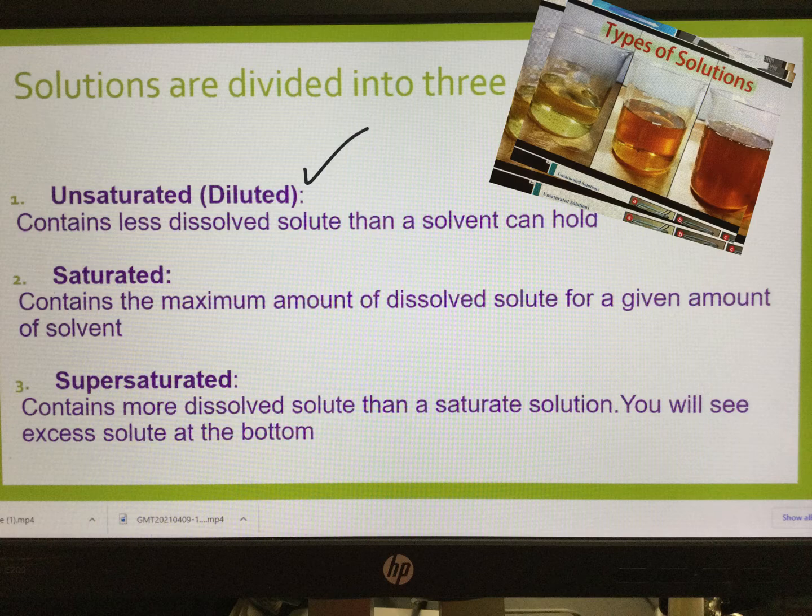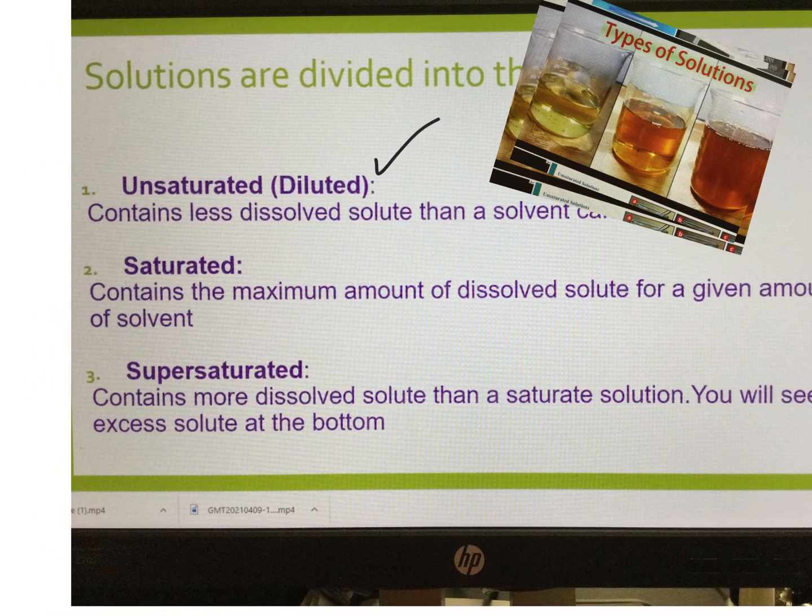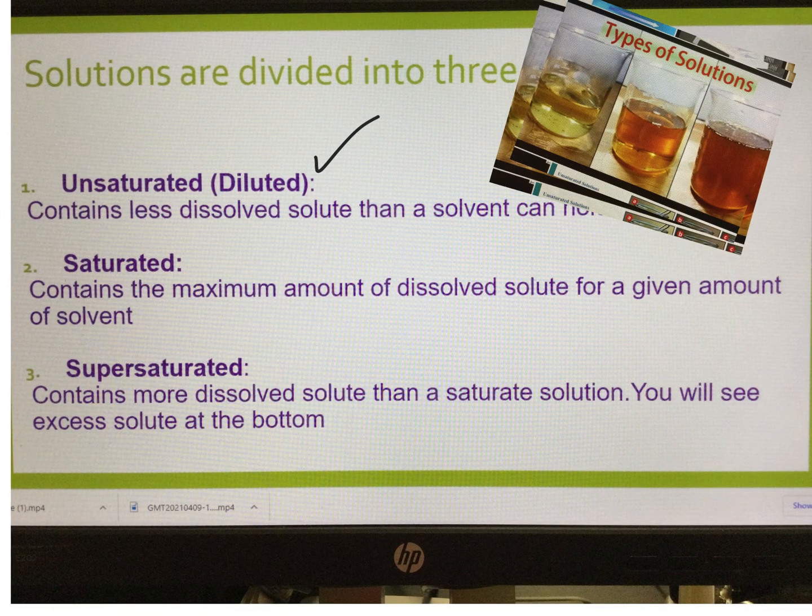Okay, so an example of that would be this first picture over here. This right here is an unsaturated solution. So think of this being tea, because this is so diluted, you can actually add more to it. It's very unconcentrated, or it's a low concentration. That is unsaturated. I can actually put more of the tea in there and it will still dissolve.